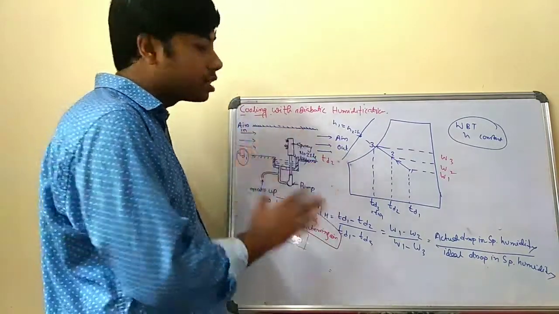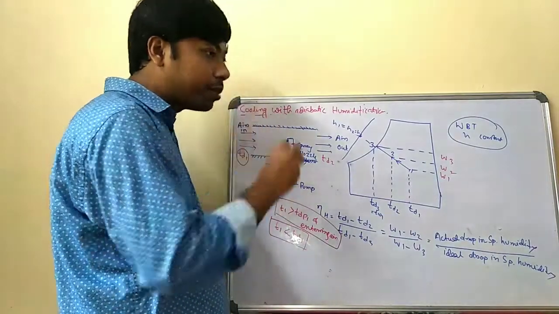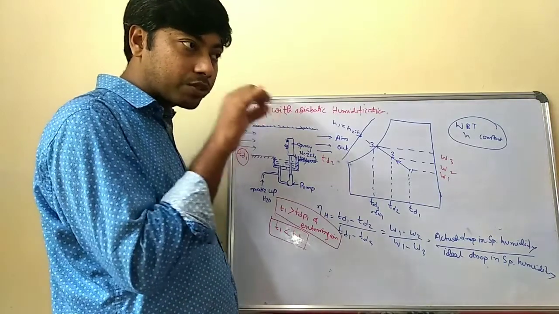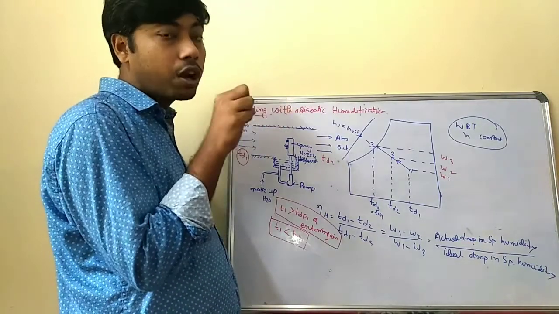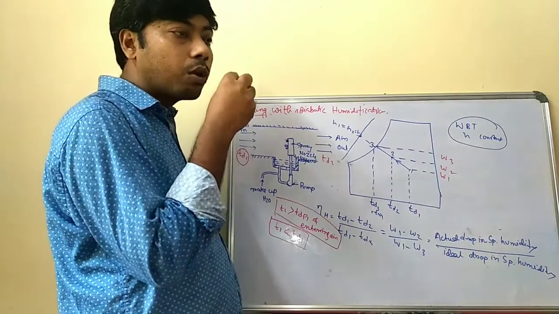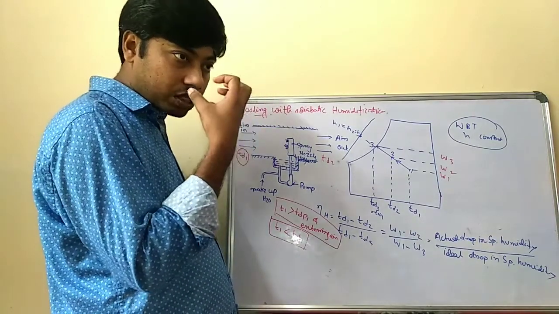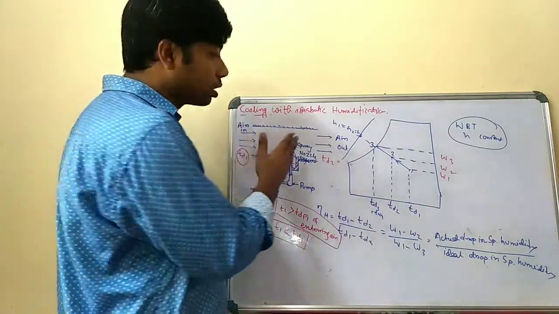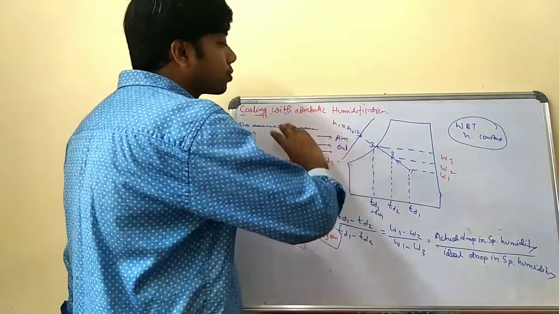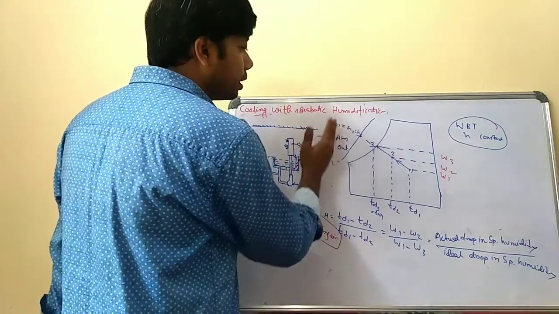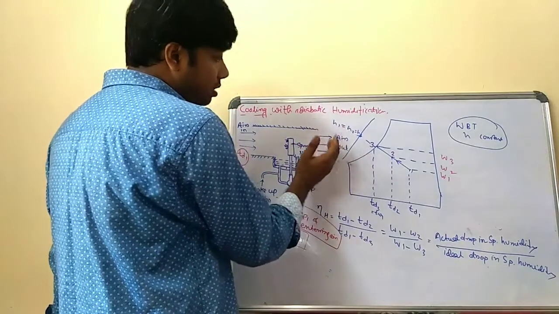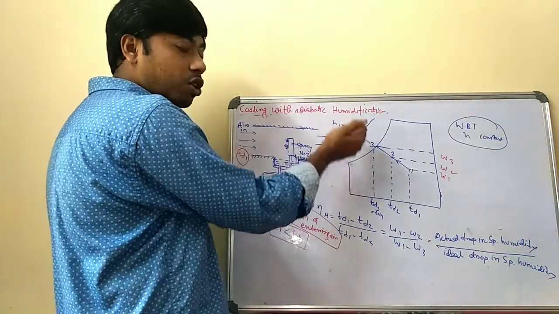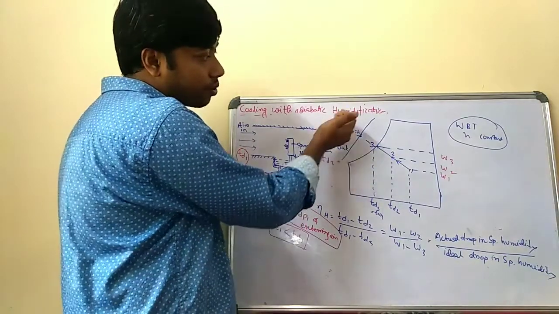Because when the air passes through the spray nozzle, there is some water there, and the air absorbs some moisture, so the percentage of water vapor increases as it passes through this channel. The specific humidity as well as the moisture content increases. In this way you get your humidification process.